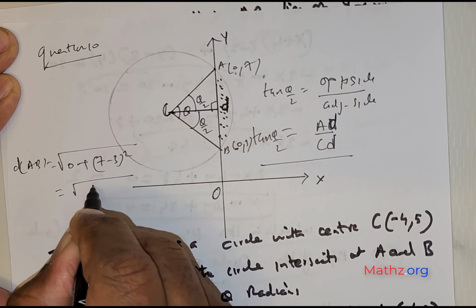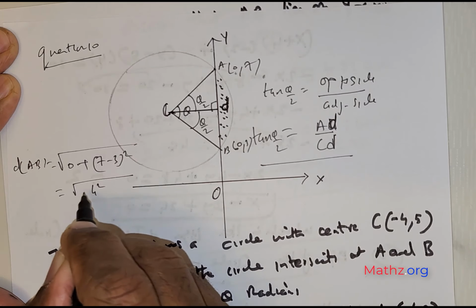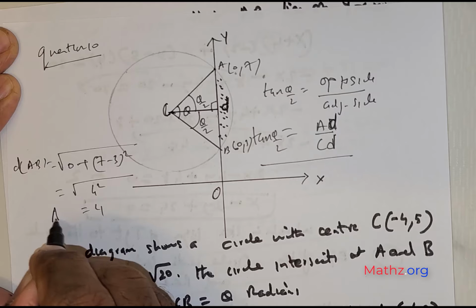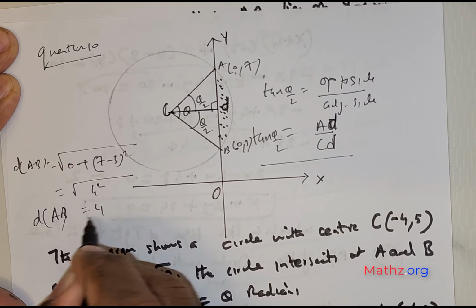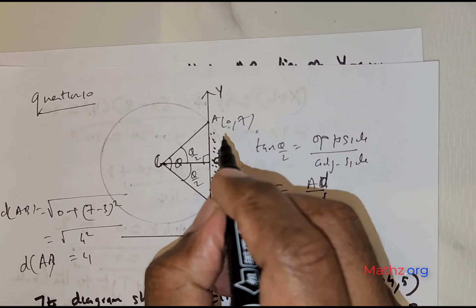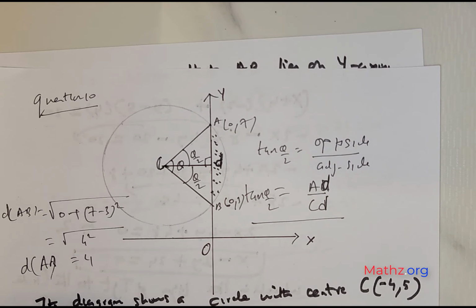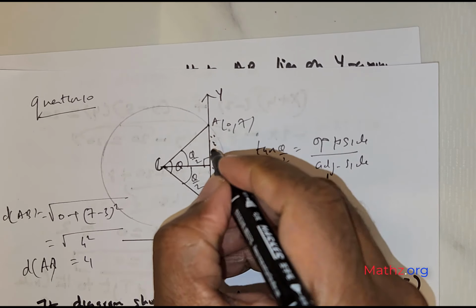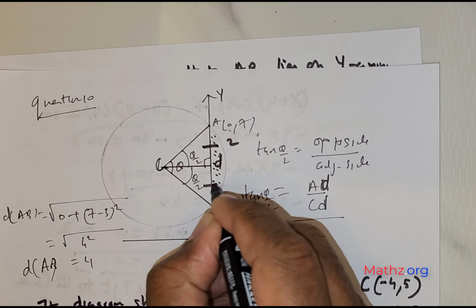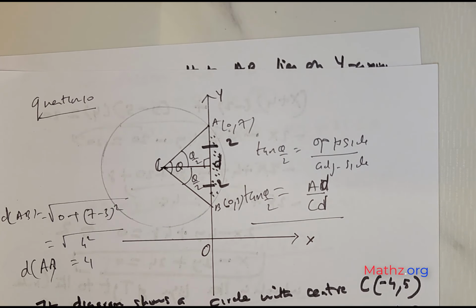That is going to give me 4 squared, which is going to give me 4. So distance of AB is equal to 4. The division is exactly in the center, so this distance is 2 units and this distance is 2 units, right?